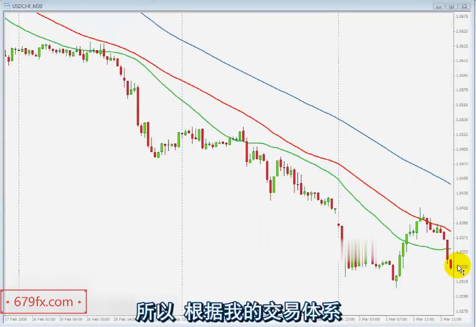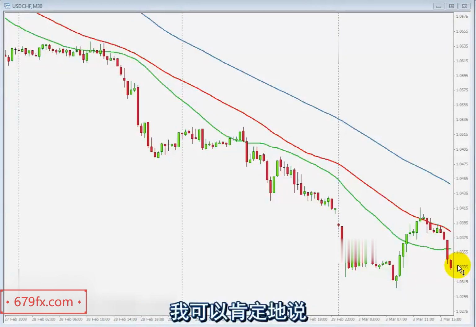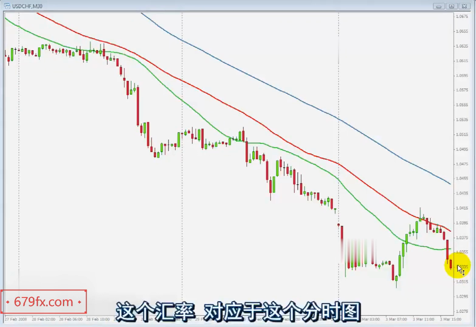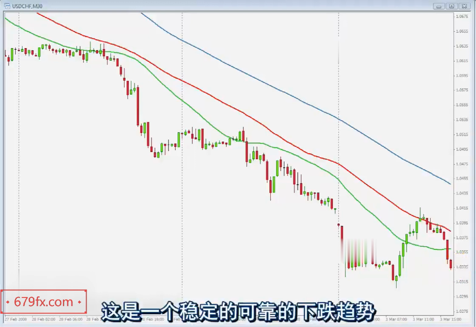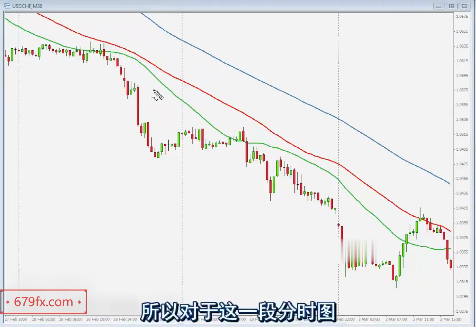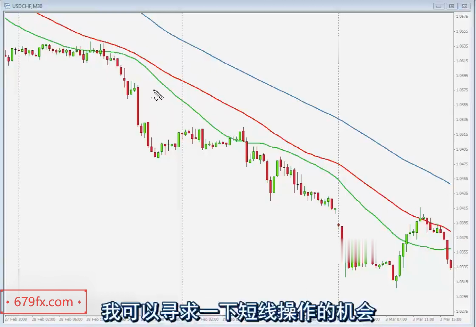And therefore, as far as my system goes, I can safely label this currency pair on this particular time frame as a perfect trending scenario, okay? This is a solid, a healthy downtrend, and therefore this is a scenario in which I like to search for short opportunities.